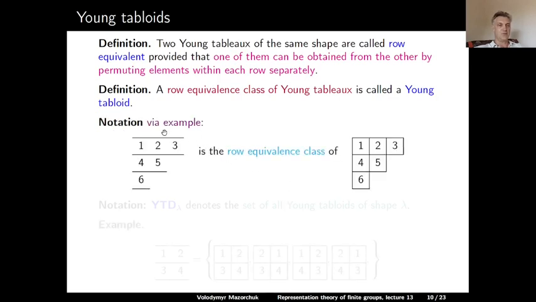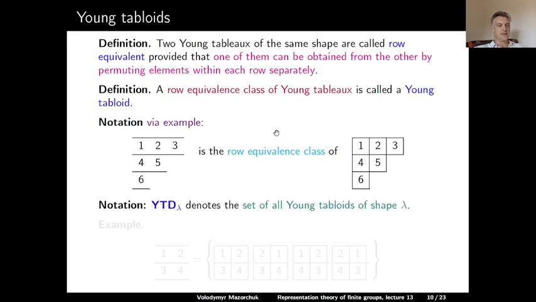Notation: for example, this denotes the row equivalence class of the Young tableau 1, 2, 3, 4, 5, 6.